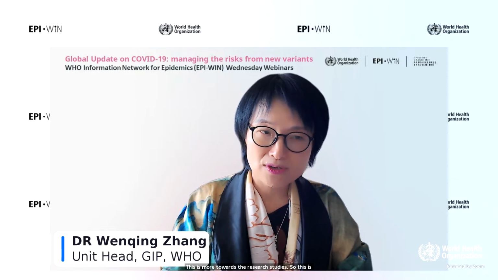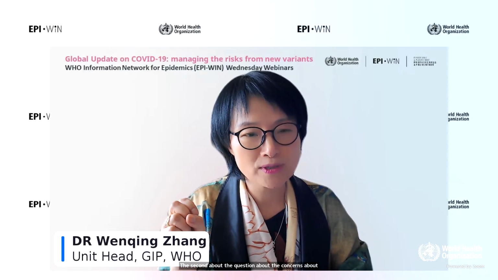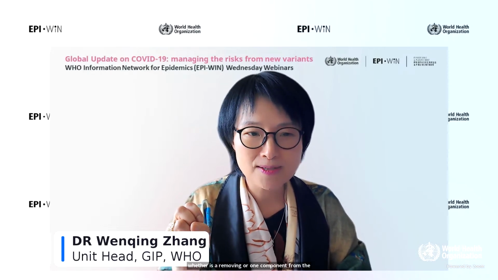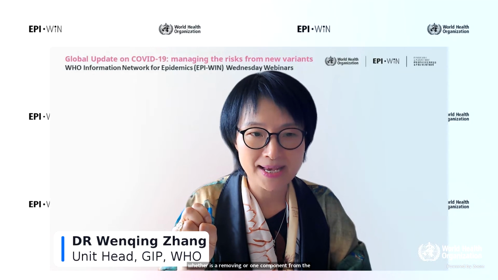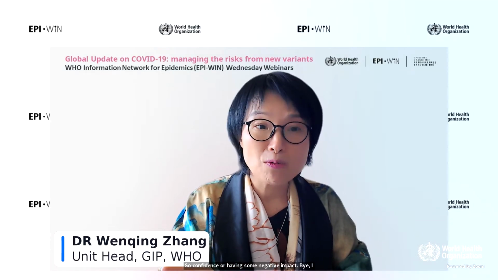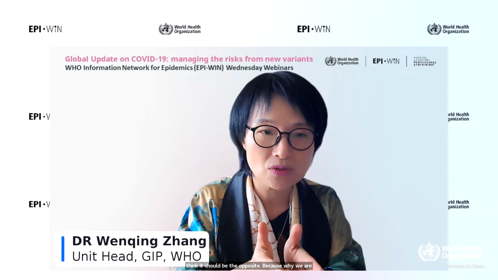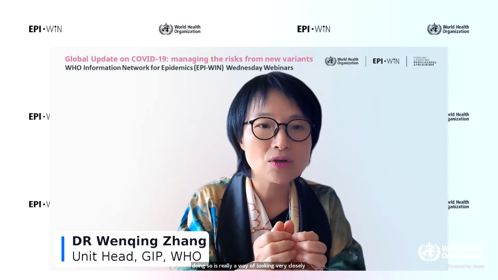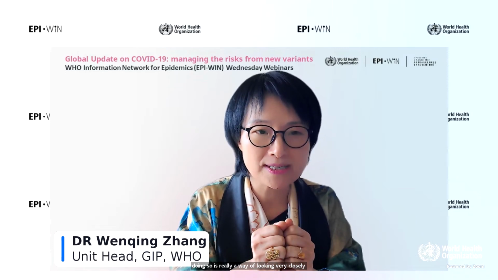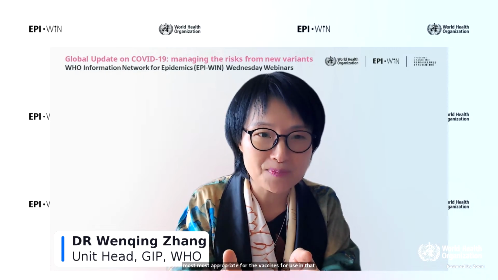The second is the question about concerns about whether removing one component would destroy the confidence or have some negative impact. But I think it should be the opposite. Because why we're doing so is that we are looking very closely towards what should be in the vaccines that could be most appropriate for the vaccines for use in that particular season.